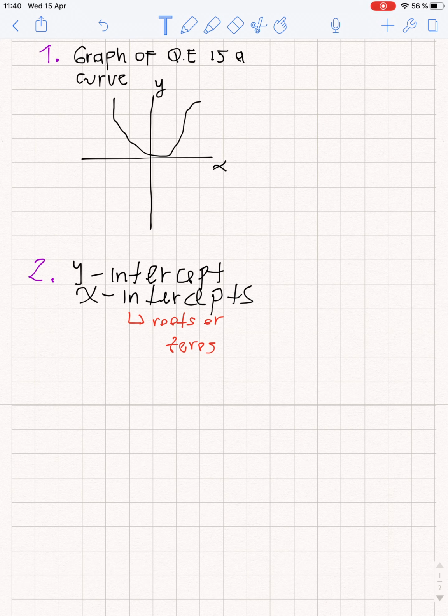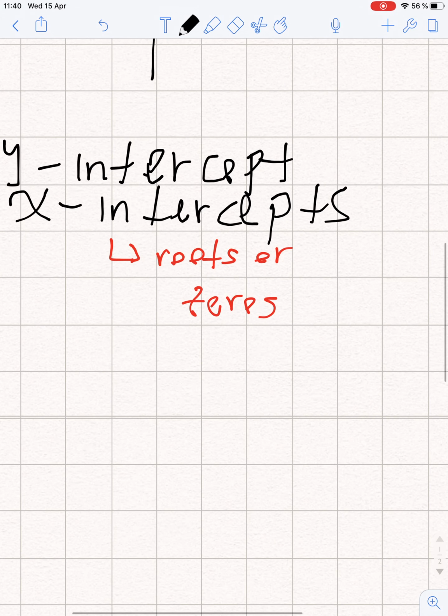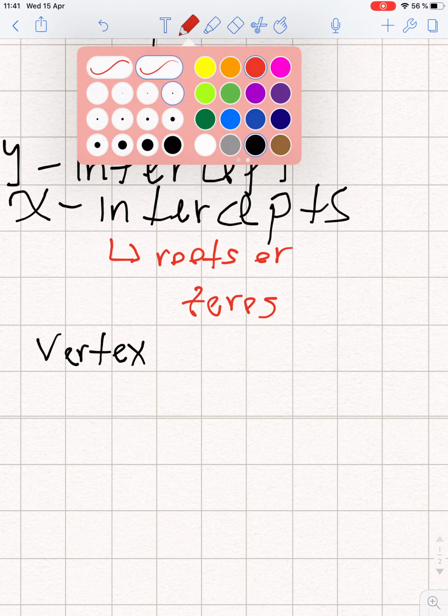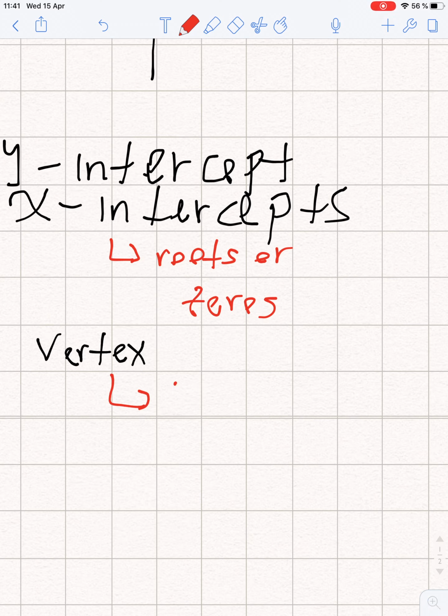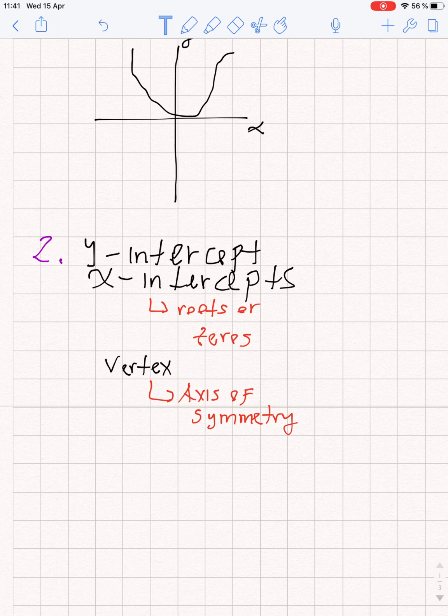In a quadratic equation we can also identify something that we call vertex, okay? A vertex. And over the vertex we can identify an axis of symmetry. In this kind of curve, we can identify those principal components.